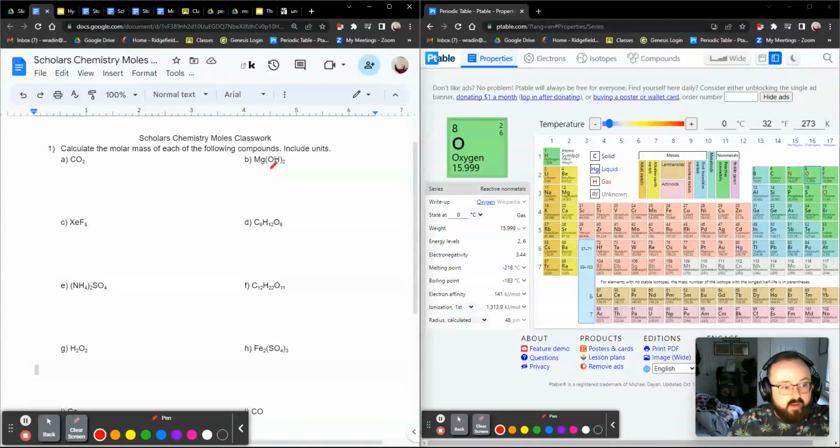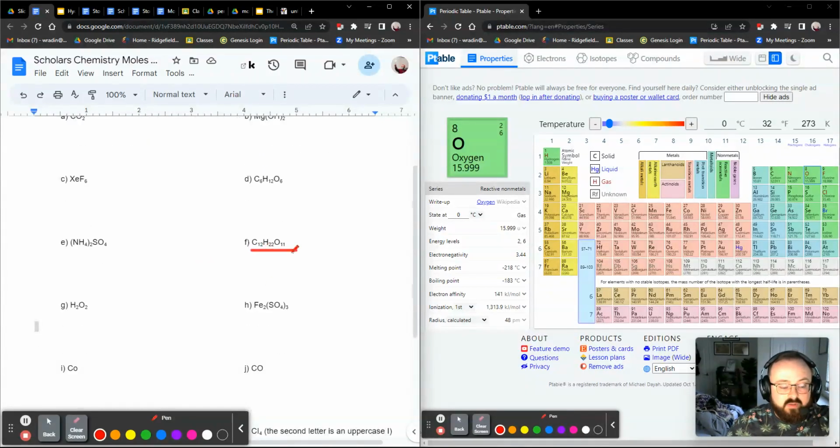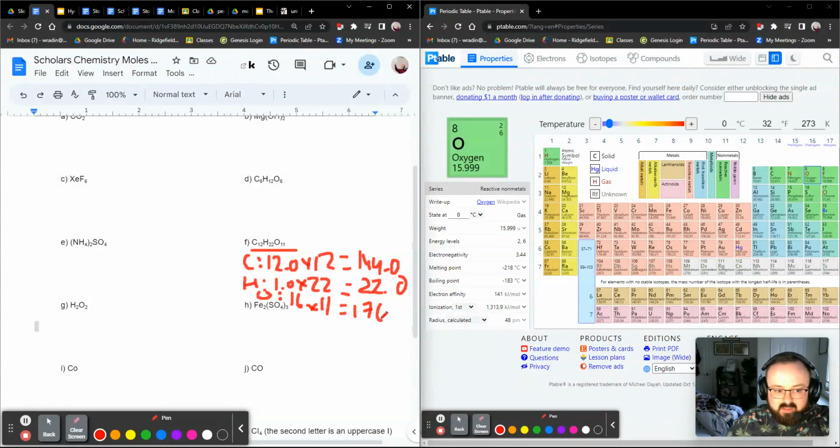What happens when we have parentheses? This is kind of the biggest curveball that you can get, because most of these, even if you get something like sucrose up here, C12H22O11, it's just really, again, C is going to be 12.0 times 12, H is going to be 1.0 times 22, gives us 144.0, which gives us 22, and then oxygen is just going to be 16 times 11, and that's going to equal what, 176, I think.